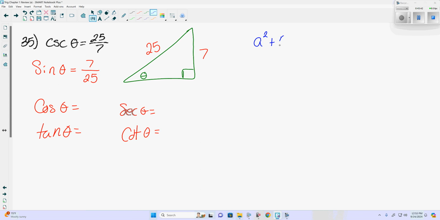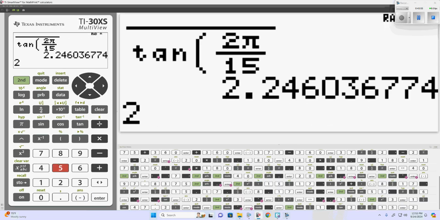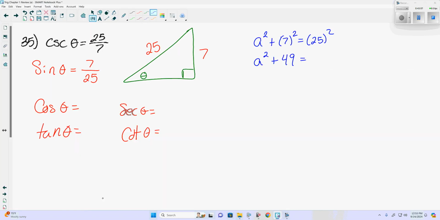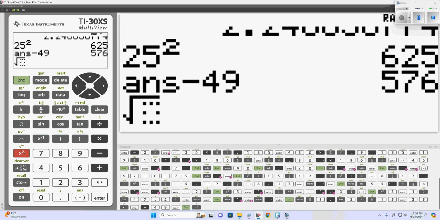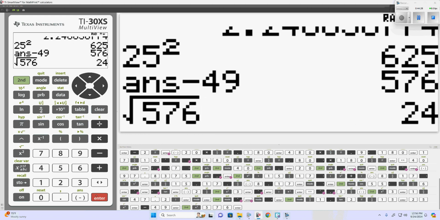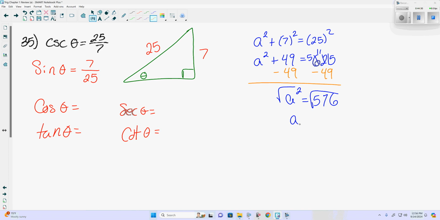Pythagorean theorem, a squared plus b squared equals c squared. 7 squared is 49. 25 squared is 625. 625 minus 49, and take the square root of that: plus or minus 24.